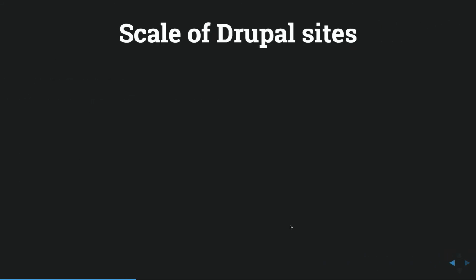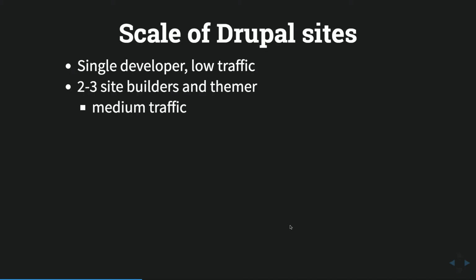So let's think about different kinds of Drupal projects that could be built. Dries likes to talk about Drupal being more for ambitious sites and using that as a category. I think there are still Drupal sites out there, I have one, I bet some of you do, that just have a single responsible developer maintaining the Drupal site. Maybe it doesn't get too much traffic, but it does get some. Then there's projects that maybe have a couple of site builders, maybe a themer.